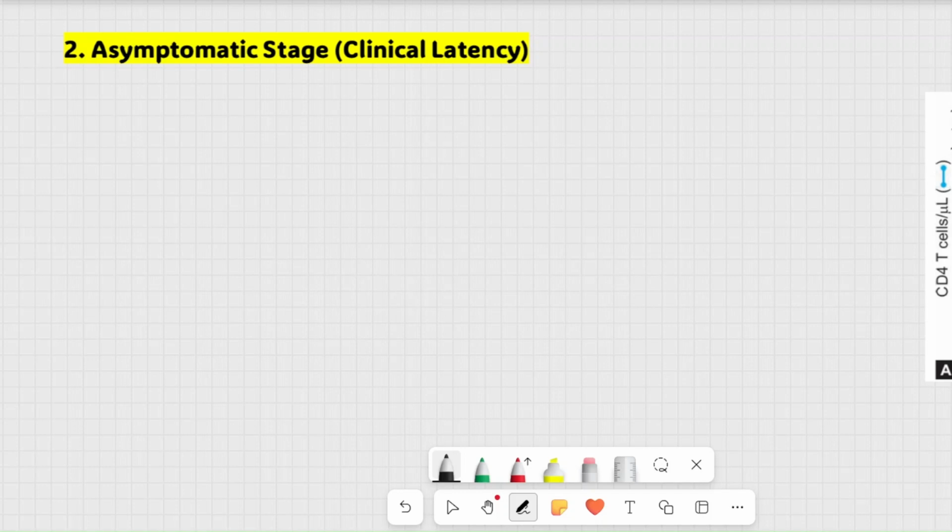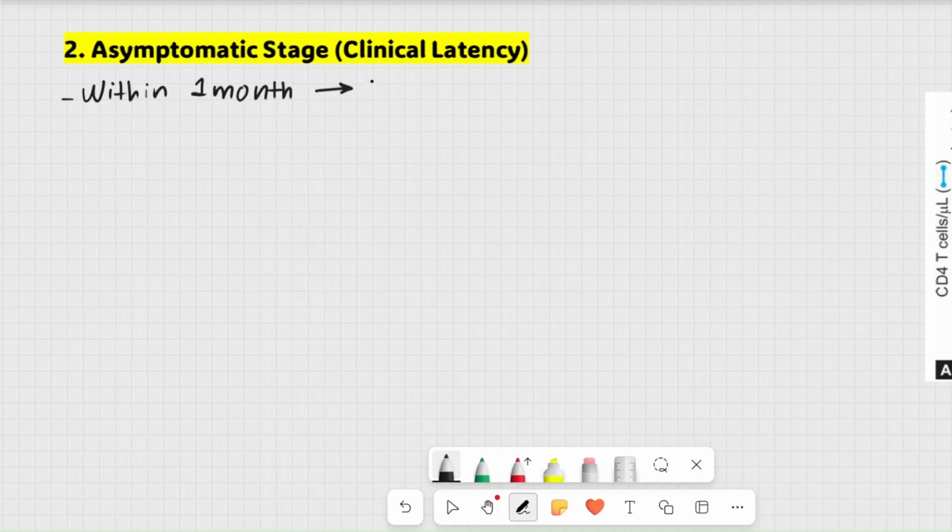Now what is the immune system of our body doing? So initially, guys, for the initial 1 month, the immune system takes time to develop an immune response. So I am saying over here that within a span of 1 month your immune system will develop an immune response.